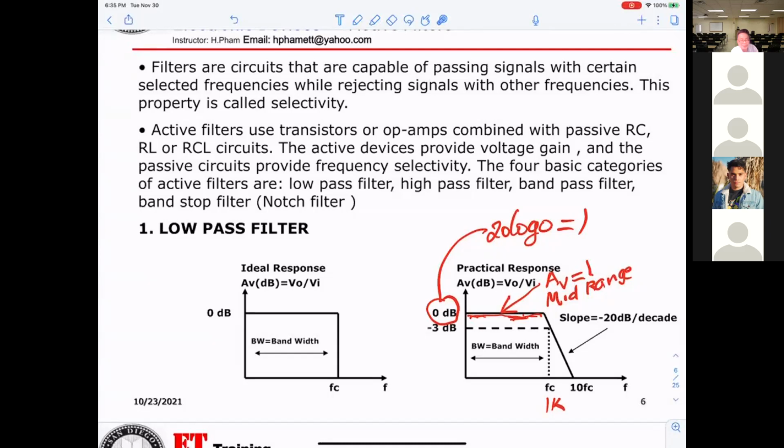That means when you increase the cutoff frequency 10 times, output will be down 20 dB. Now, I've given you the example here. 1K, so in here 10 times will be 10K.